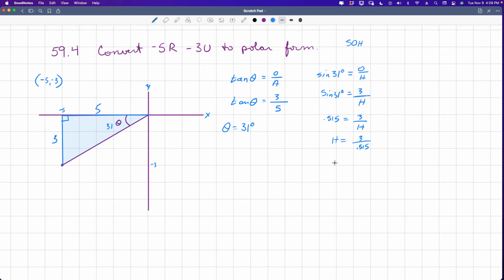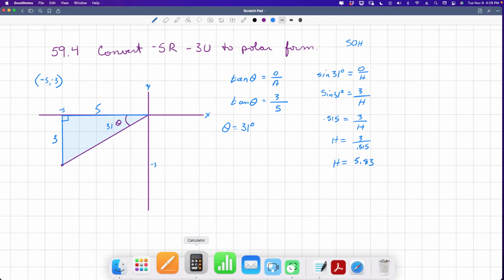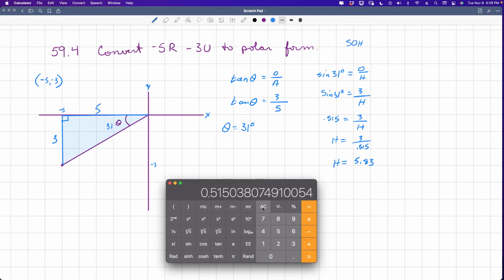And that gives us H is equal to 5.83. All right, so 3 divided by 0.515 rounds up to 5.83.